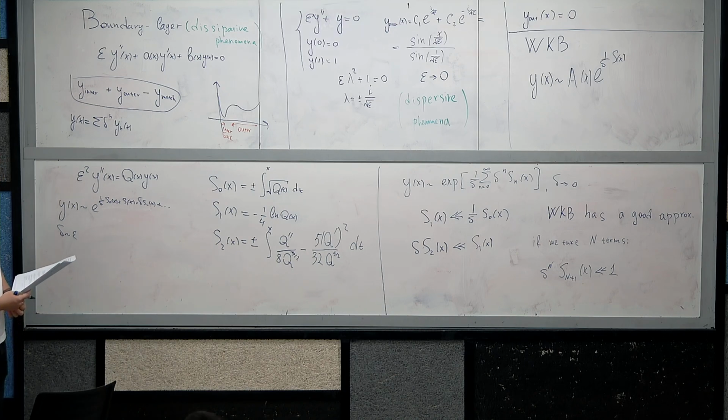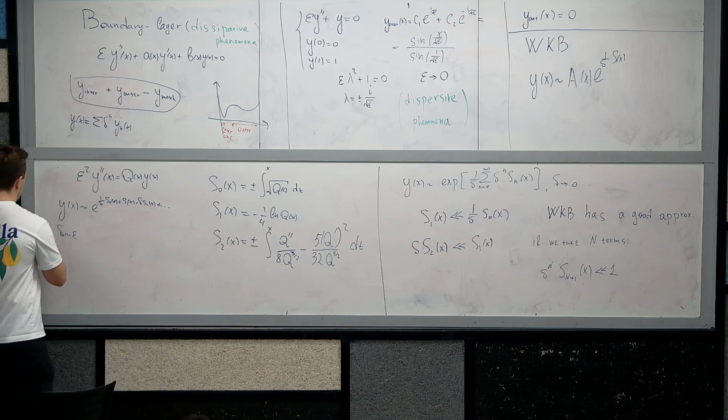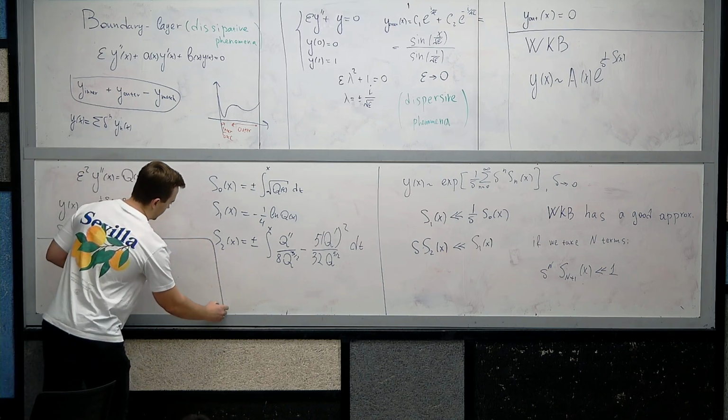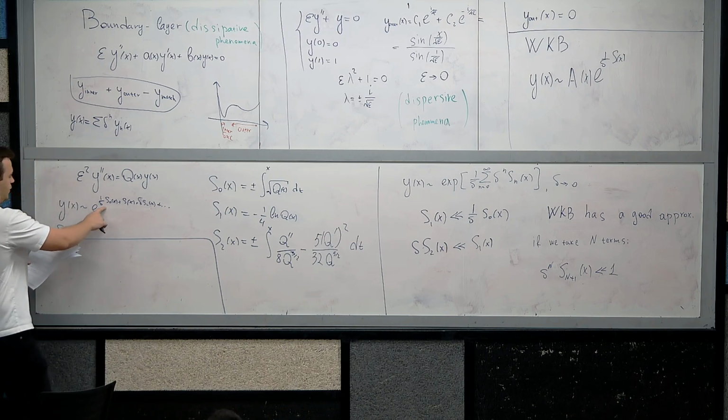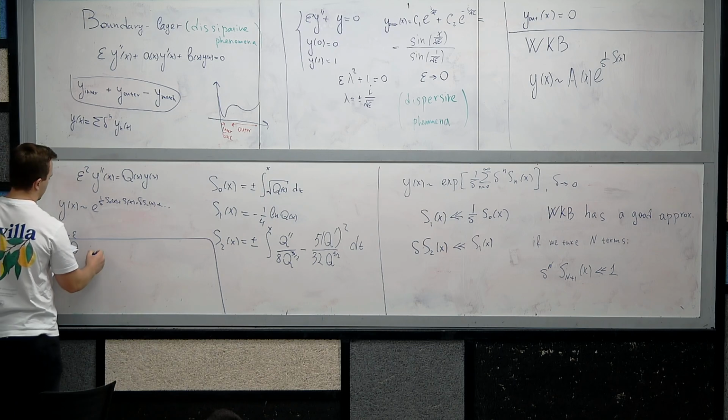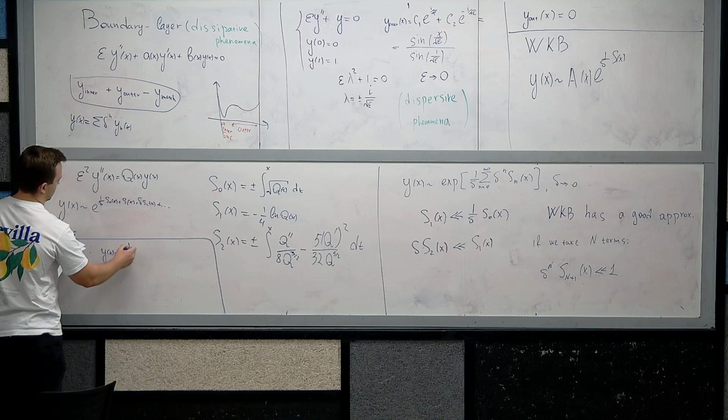So for most physical problems, we have two different levels of approximation. The first one we call geometrical optics, and the second one is physical optics. For geometrical optics, we just take the first term, so our approximation of the solution is e to the power 1 over delta S naught of x.